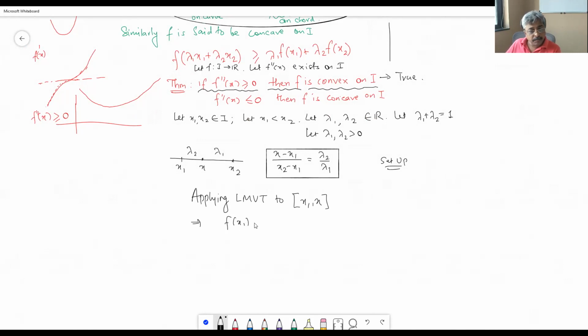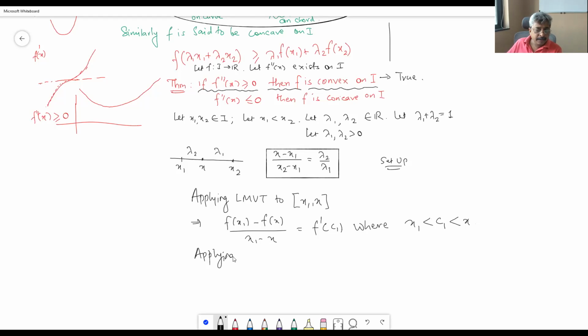F of x1 minus f of x upon x1 minus x is equal to f dash of c1, where x1 is less than c1 is less than x.